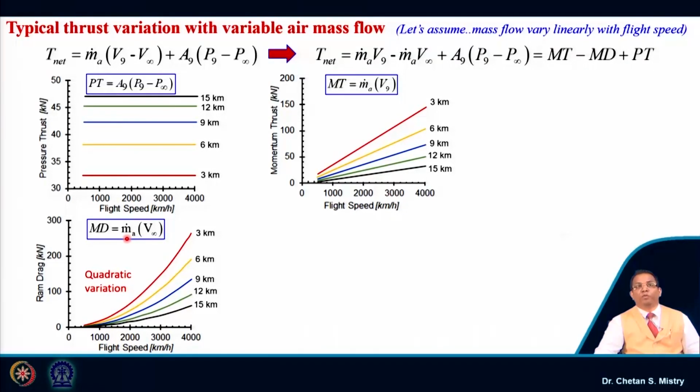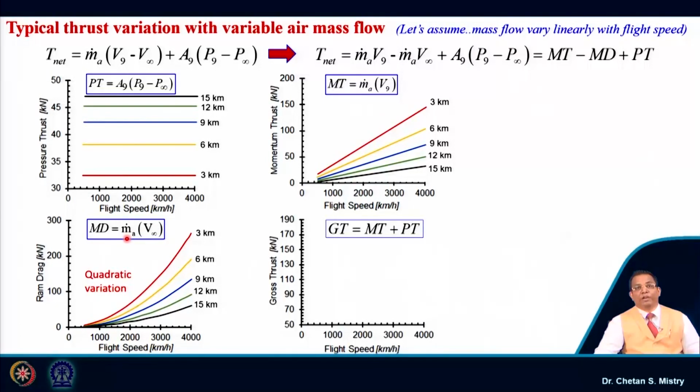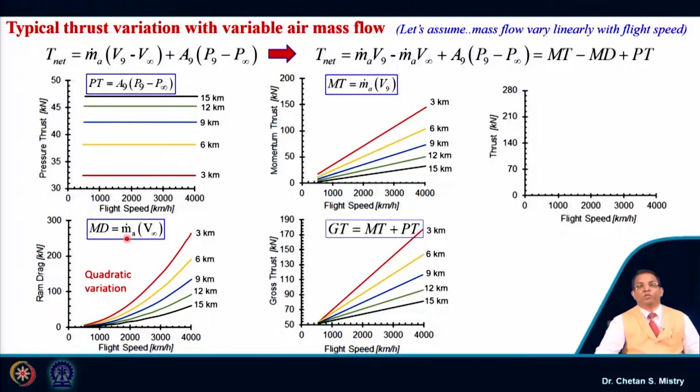Now, let us try to put in my gross thrust. So, my gross thrust we can represent for different altitudes. It is like this. Okay. Now, let us try to understand the overall scenario. This is what is represented here. In this case, this represents my net thrust and this represents my drag.